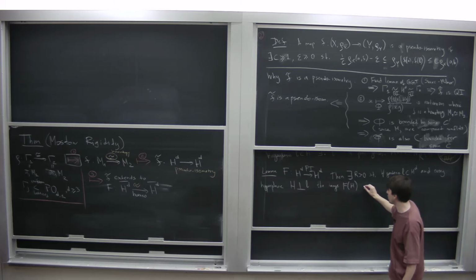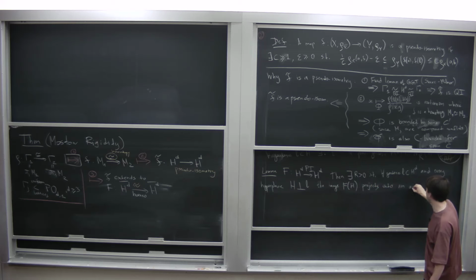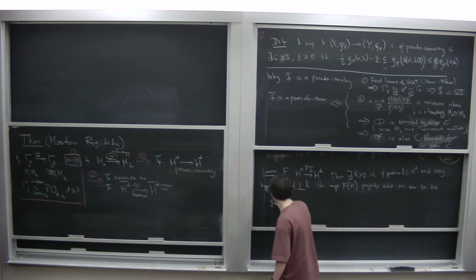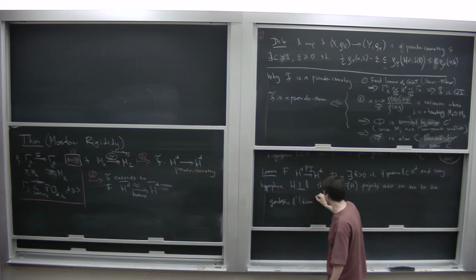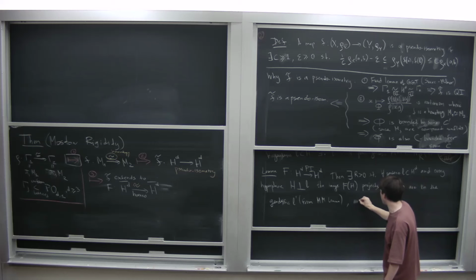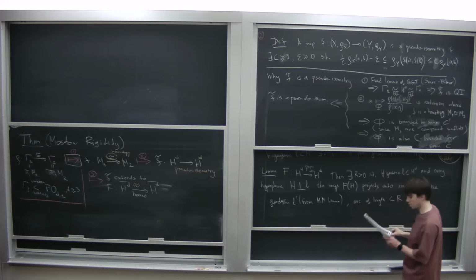The image F of H projects onto an arc in a geodesic L prime from the Morse lemma, and this arc is of length less than R.